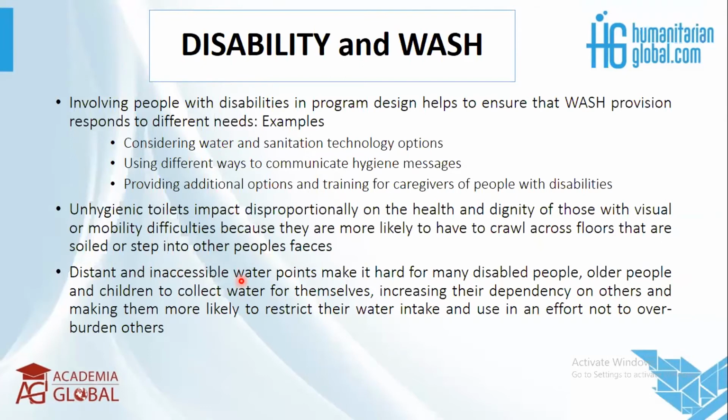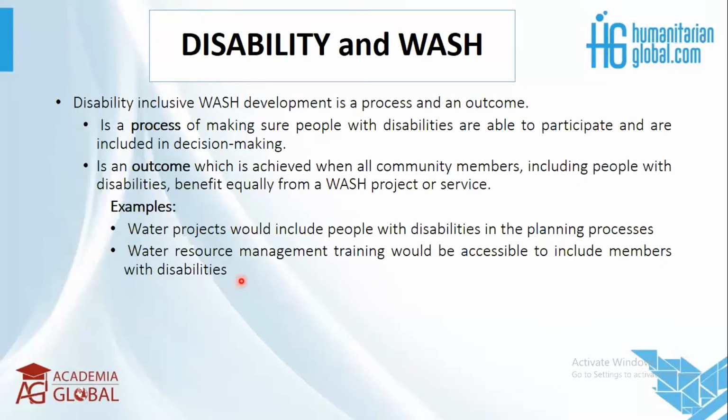So it's all about ensuring that we're able to respond to the needs of different groups. So disability inclusive WASH is a process and it's also an outcome. In a process, as I said before, it is ensuring that people with disabilities are able to participate and are included in decision making. Oftentimes in WASH programming, I think sometimes we overlook this. We sometimes forget to bring in people living with a disability as part of the process.